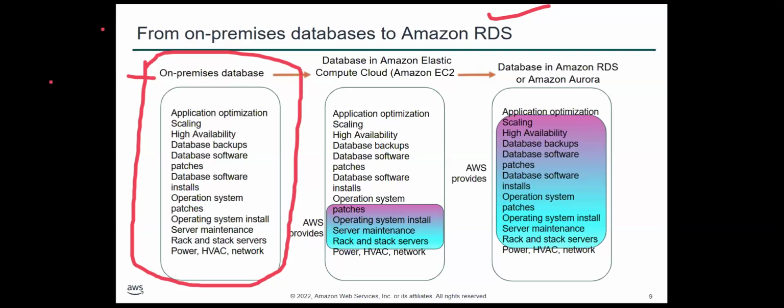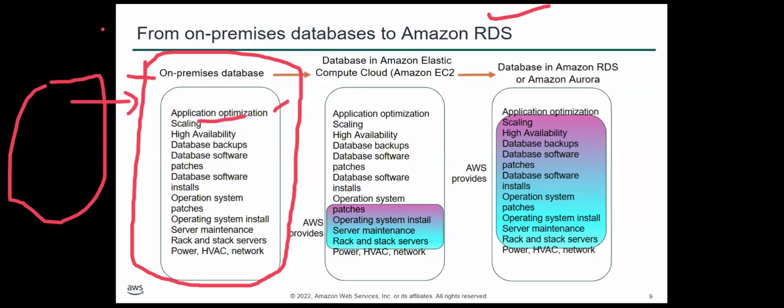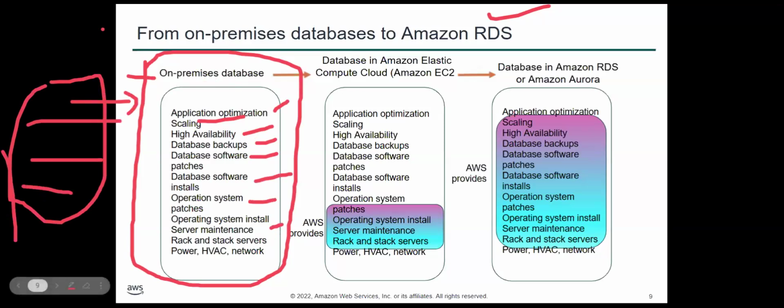Now, in a physical database, who will manage the work? We have to optimize the application, scale, make sure it is highly available, take the database backup, do software patching, software installation, operating system patches, operating system installation, and rack and stack. You have to arrange the rack and stack of your physical server, and also the power, HVAC and network.